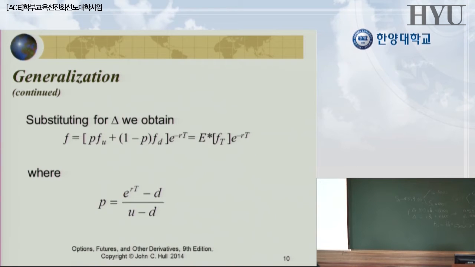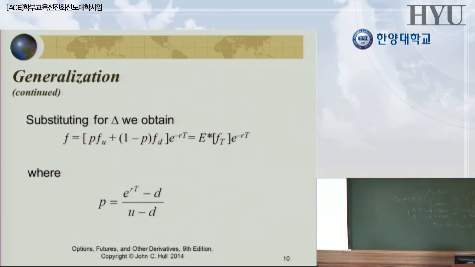It's a 기대값, expected value. And then if we interpret this as an expected value, then it seems that the derivative price is like the discounted value of the expected cash flow from that derivative. Right? So it is a terminal value of the derivative, either this one, and in expectation, and we discount it back. So it looks like a net present value problem, right? Discounted cash flow. That's why I put expectation over there.